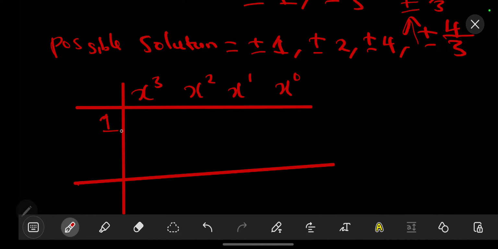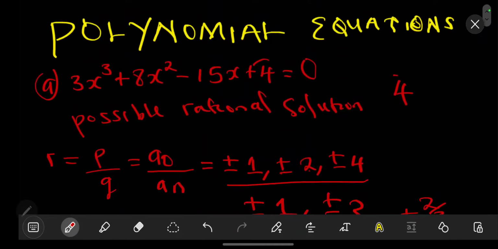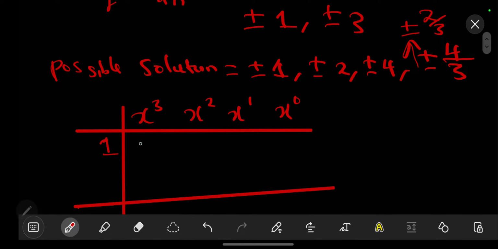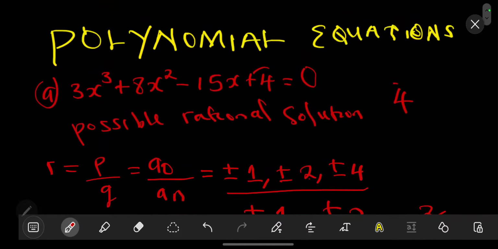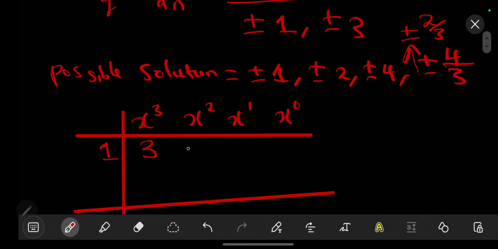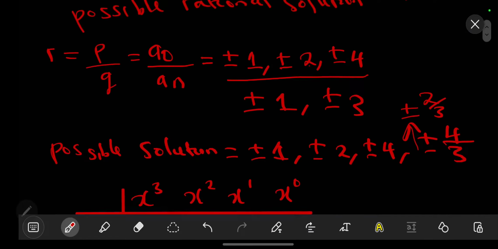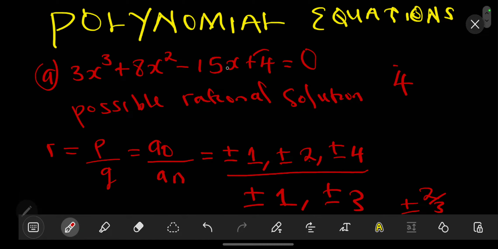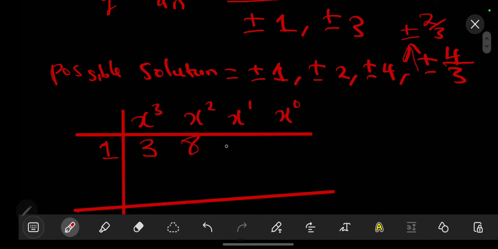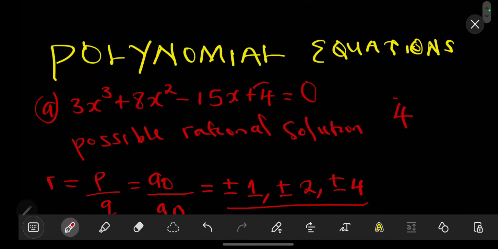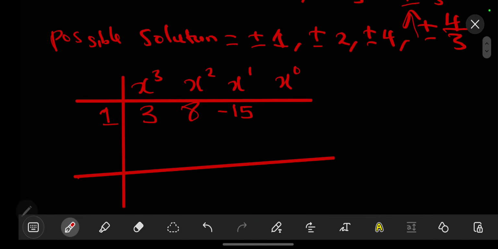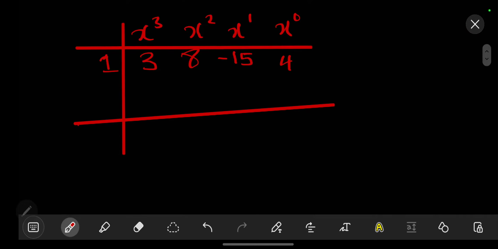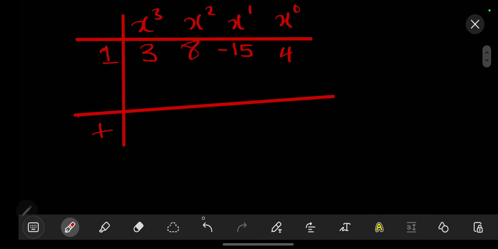For the equation having 3x cubed, for x cubed it has got a 3, then for x squared it has got 8, so we put 8 here. Then for x it has got negative 15, and for x to the power 0 we have a positive 4. Here we are going to multiply, here we are going to add.